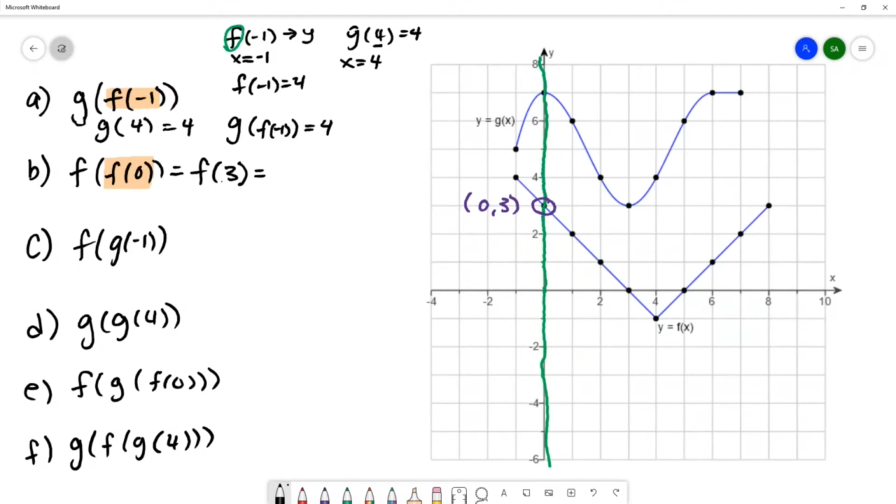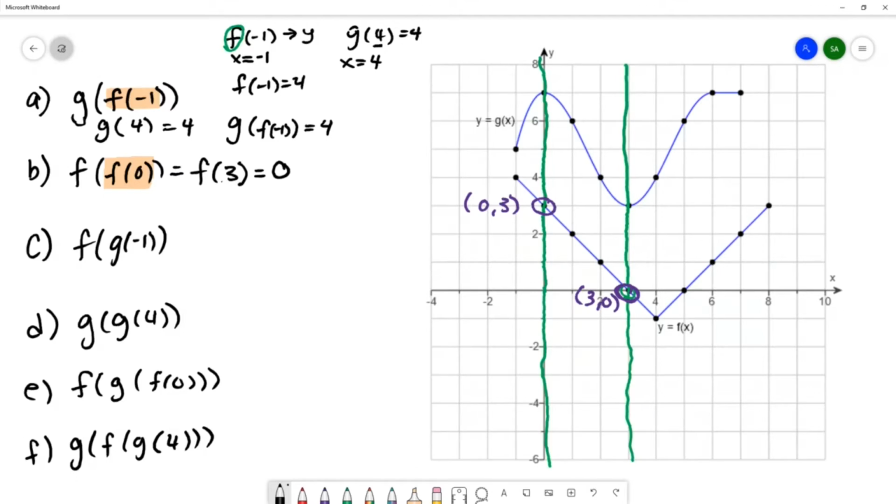And I'd like to find now f of 3. So an x value of 3 is here. All of these ordered pairs have an x value of 3, and we're interested in where f has an x that is 3. That is at this point right here on the graph of f, and the y value at that point is 0. So we have the ordered pair 3, 0. f of 3 is 0. So we've worked out part B. f of f of 0 is 0.